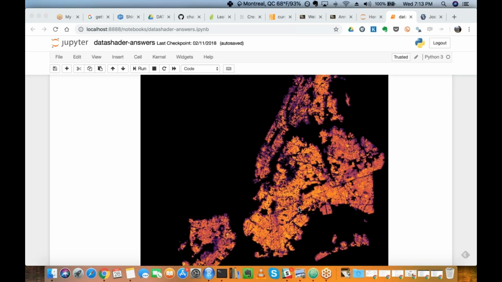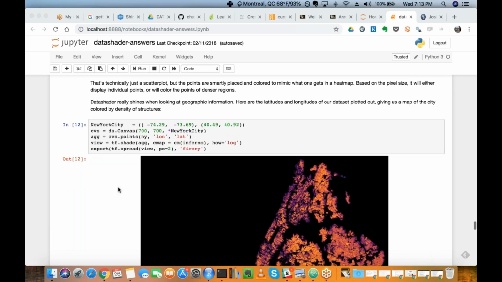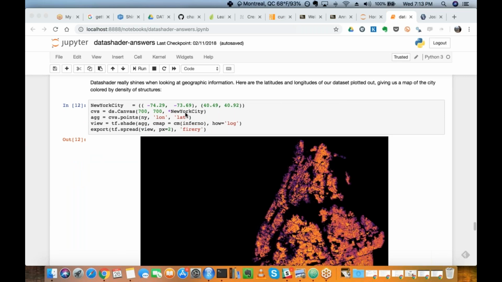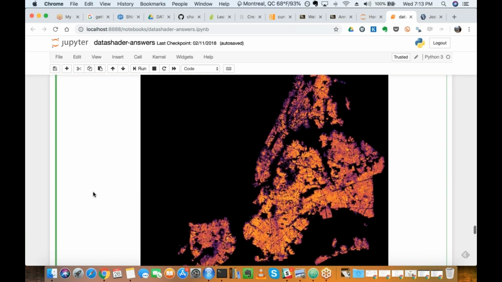we simply have just latitudes and longitudes mapped out. So if you look here, I don't have any variables I'm mapping it to. I'm just doing a scatter plot. But I'm still providing this CMAP here, and what it's mapping to that color scale is point density.